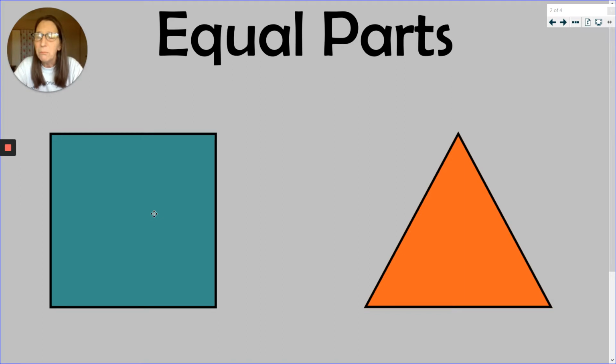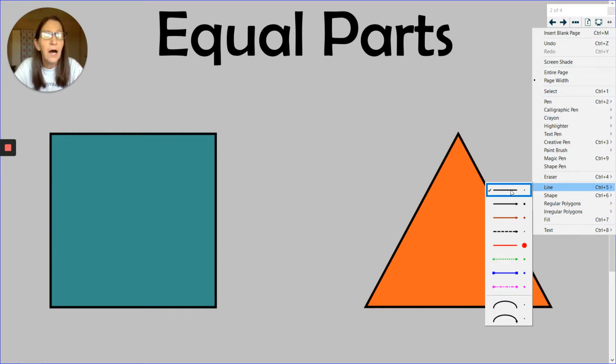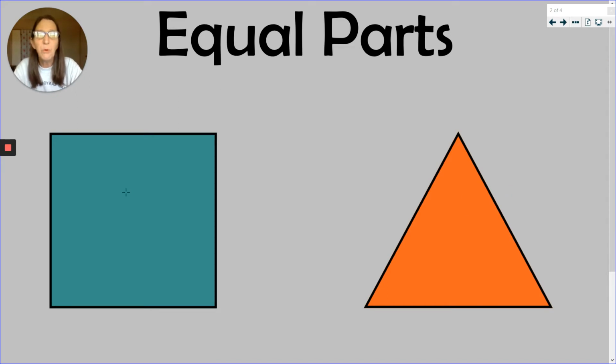I can also break equal parts into other shapes, okay? So now let me come over here. I need to grab my line. Here we go. I want to break this square into equal parts. Maybe that's a sandwich. Mom made me a sandwich. My friend wants to eat part of my sandwich.